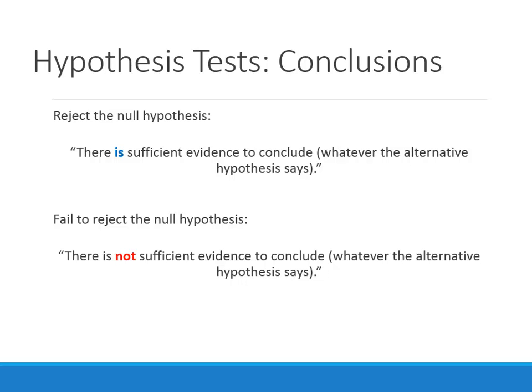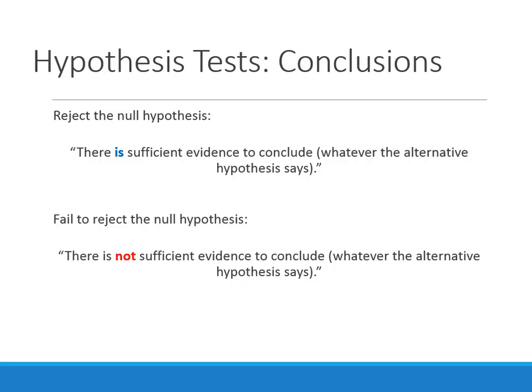And if you fail to reject the null hypothesis, again, it's getting back to this sort of ticky-tacky language that we're using, but you're not concluding that the null hypothesis is true. You're just saying I don't have enough evidence to reject it. So you say there's not sufficient evidence to conclude whatever the alternative says. You're always giving your conclusions in terms of the alternative hypothesis.